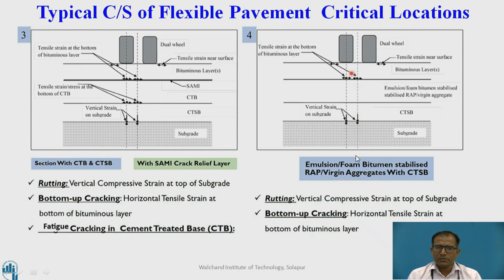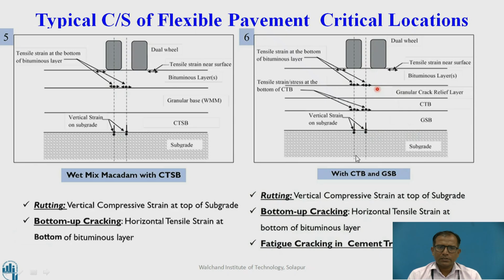There are very different combinations. Then subgrade, CTSB, WMM and bituminous layer. This is the normal combination of our highways. The sixth one: subgrade, GSB, CTB or granular crack relief layer, and bituminous layers.